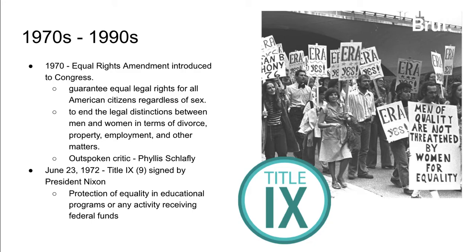If our school has a boys' team for a sport, we have to provide a girls' team as well. Okay? Or we need to provide an equal opportunity for both genders to be involved in that sport. Okay? We also see this when it comes to grades or bathrooms. All of these things, we have to have equal opportunity for both genders in schools.